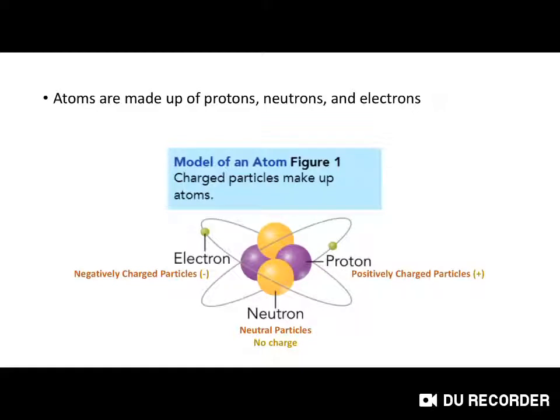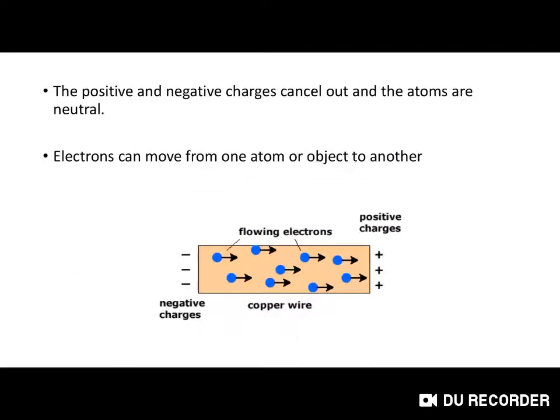Electrons, the green ones, are negatively charged particles, and neutrons, the yellow or orange ones, are neutral particles and they have no charge. The positive and negative charges cancel out and the atoms are neutral.